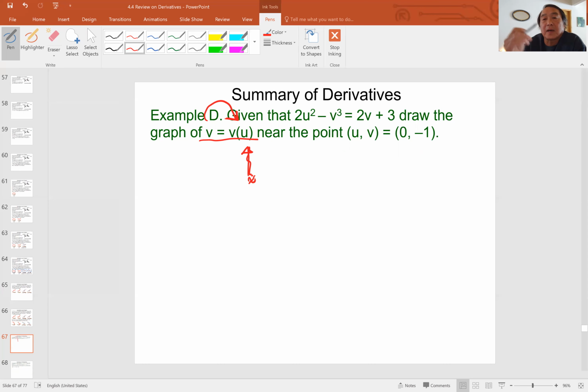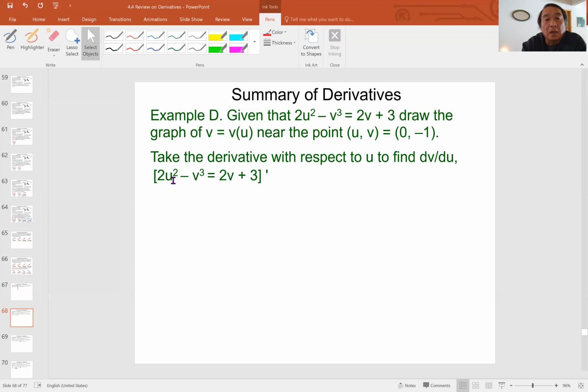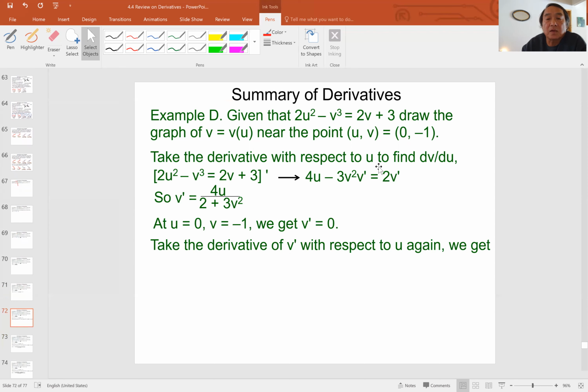When I take the derivative, I don't need the chain rule for u; the derivative with respect to u is just du. But for v, I need v prime. The derivative of 2v is 2v prime, dv/du. I solve for v prime, dv/du, and then plug in the points, and we get v prime is 0.